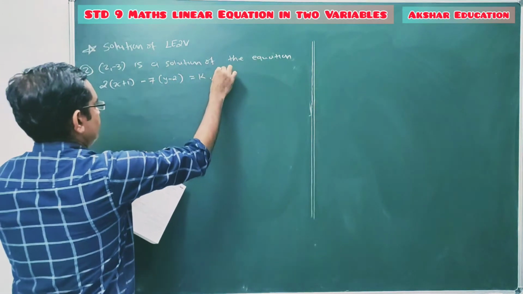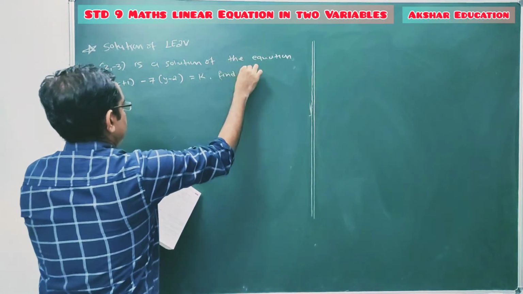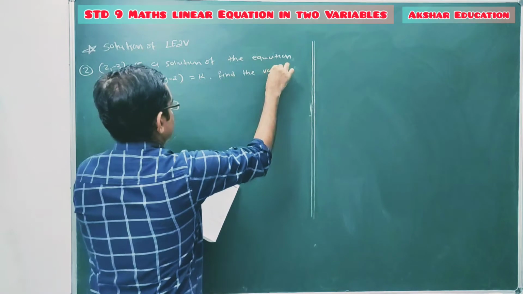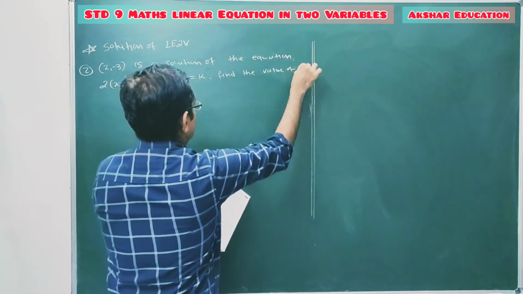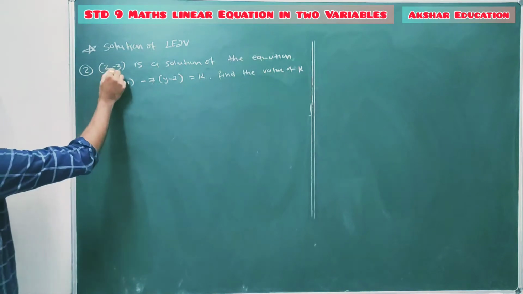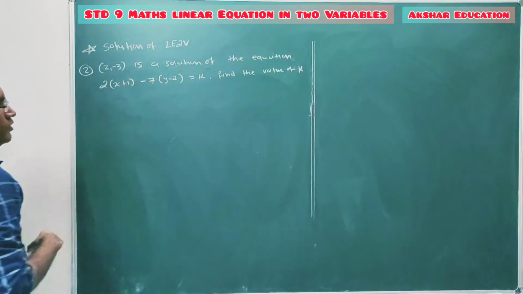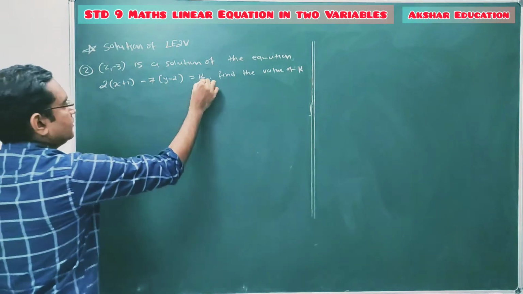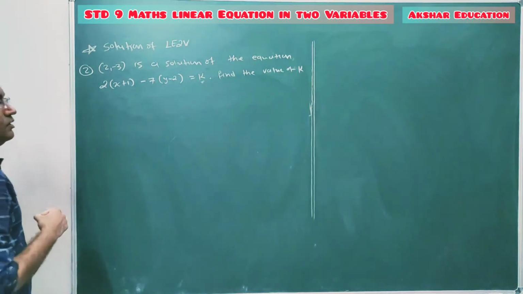Find the value of k. So here we are given that (2, minus 3) is the solution of this given equation. Then find the value of k. What is k? K is one unknown variable.